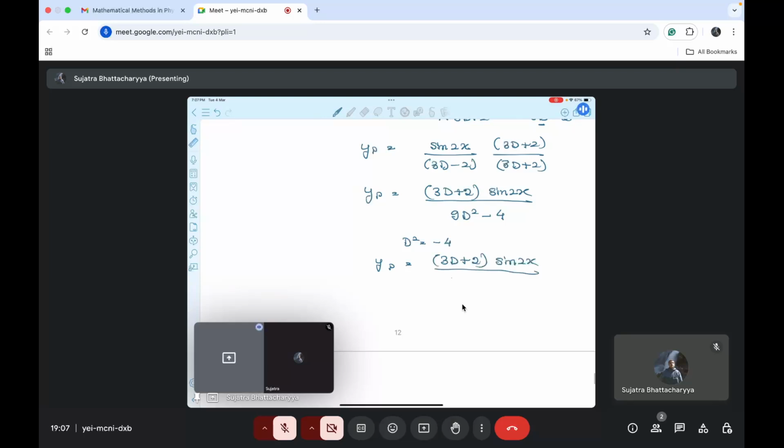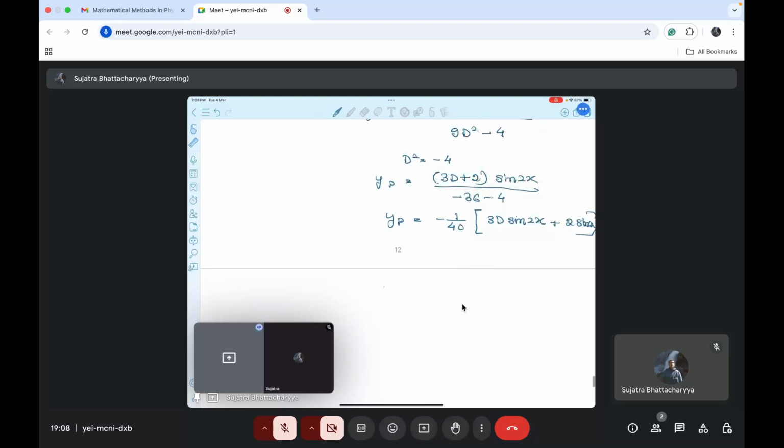D square is minus 4. 9 4s are 36, minus 4. So y of p becomes minus 1 by 40, 3d sine 2x plus 2 sine 2x. Correct? This is how you can write. So y of p becomes minus 1 by 40.